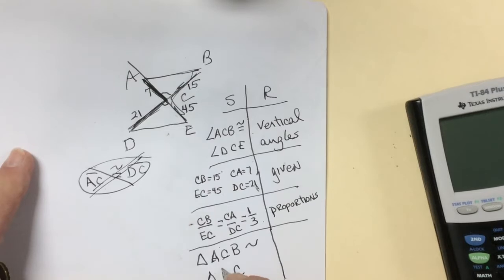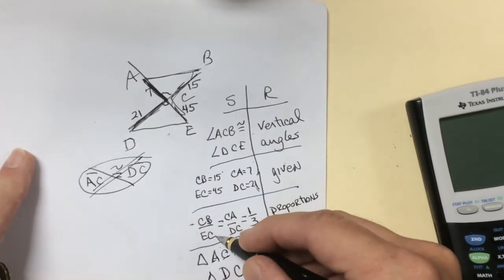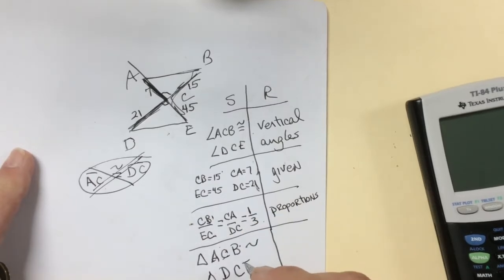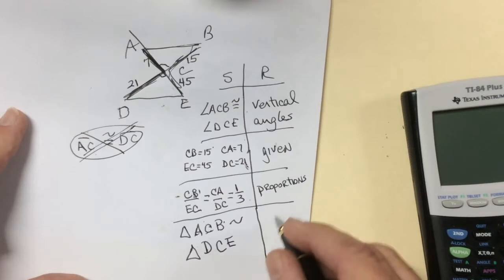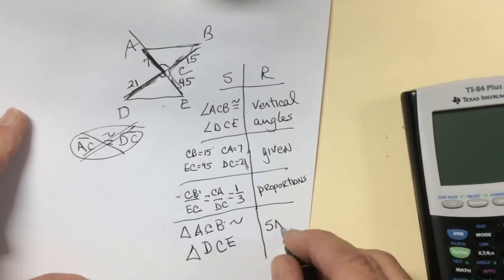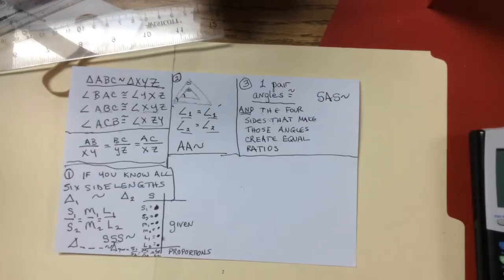And CB corresponds to what side? So that's how I have to write the similarity statement. Side, angle, side, similarity.